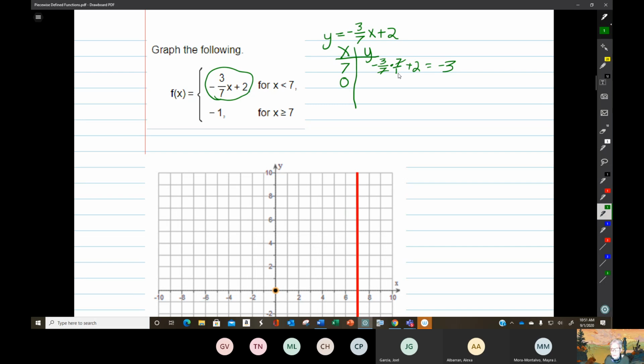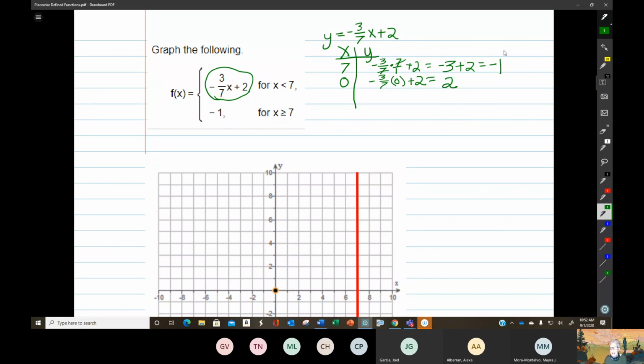That would be negative 3 over 1, which is negative 3, plus 2 is going to be negative 1. Meanwhile, if x is 0, then I'll have negative 3/7 times 0 plus 2. And any number times 0 is 0. So that means if x is 0, y is 2.